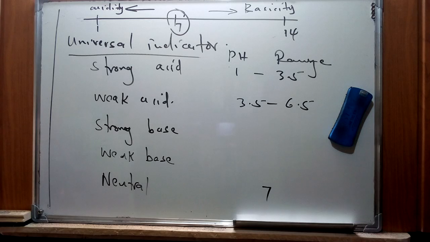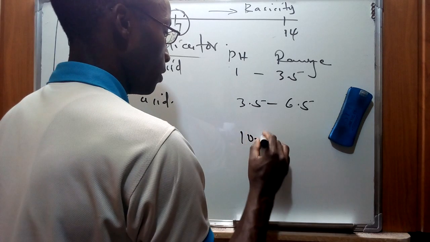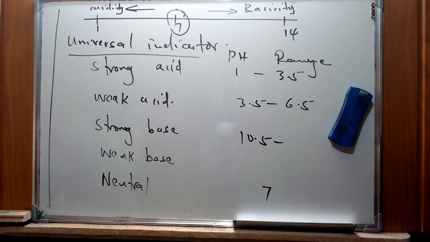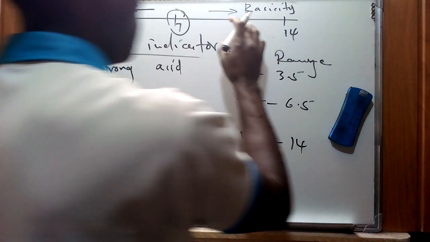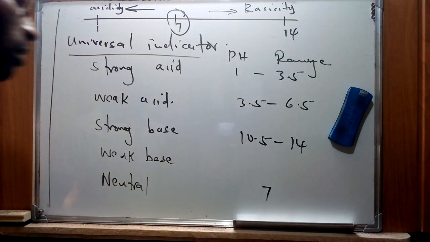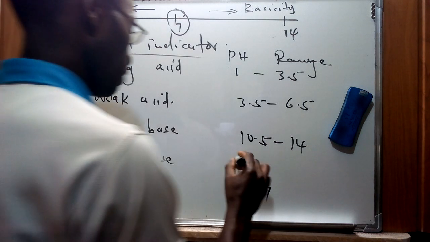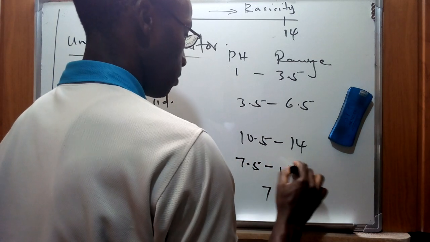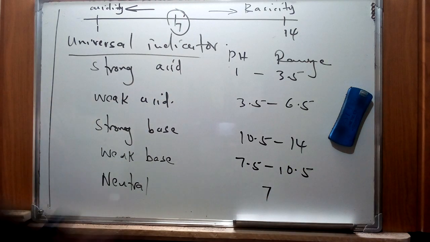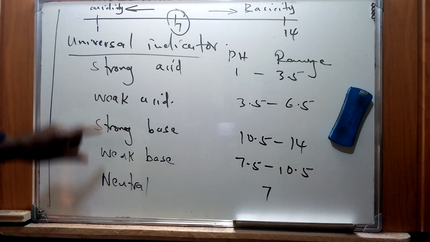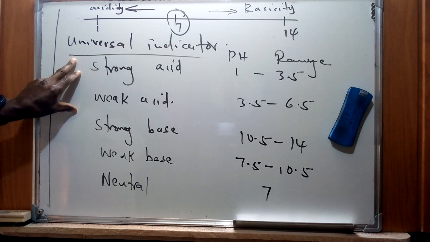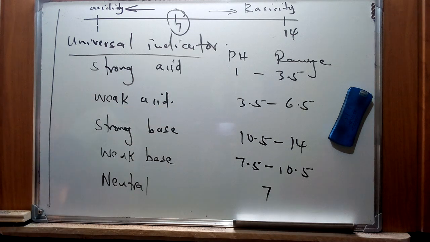Strong bases are from 10.5 to 14 along this scale. For weak bases, it's 7.5 to 10.5. So this is how they vary. If a substance, when it has interacted with the indicator, shows a color bearing a specific range, then we can say whether the substance is basic or acidic.